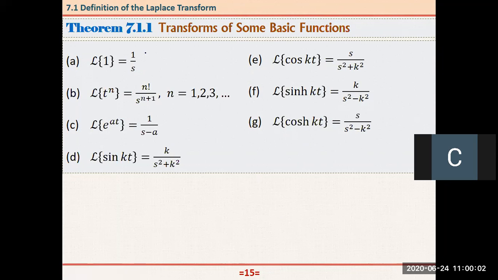Also for t to the power n, you can prove this using the formula that the Laplace transform of t to the power n is equal to n over s times the Laplace transform of t to the power n minus 1.